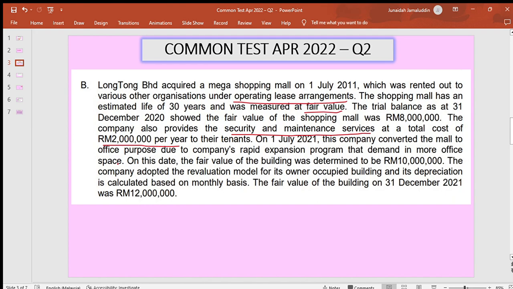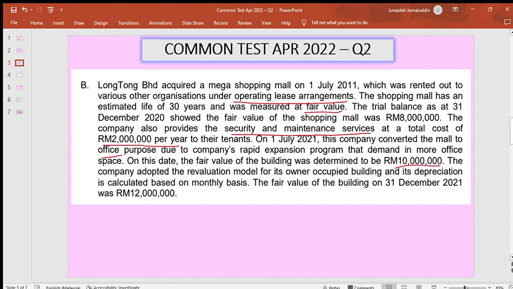So it seems that on 1st July 2021, there is a transfer from the IP into PPE, since the mall was converted into an office. The investment property was converted into an office, right? And then on this date, the fair value of the building was determined to be 10 million.